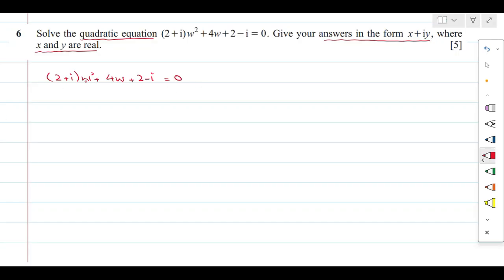We can solve this quadratic equation by using the quadratic formula. w equals minus b plus minus square root of b square minus 4ac, divided by 2 times a, where a is the coefficient of w square, which is 2 plus iota, b is the coefficient of w, which is 4, and c is the constant term, which is 2 minus iota.